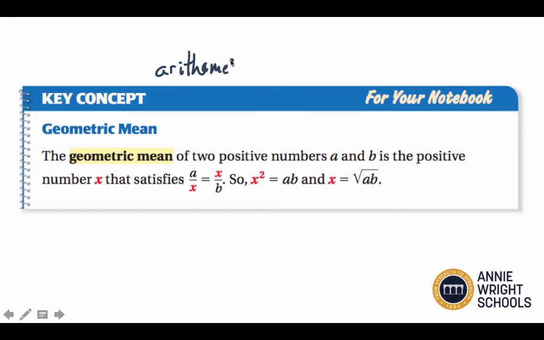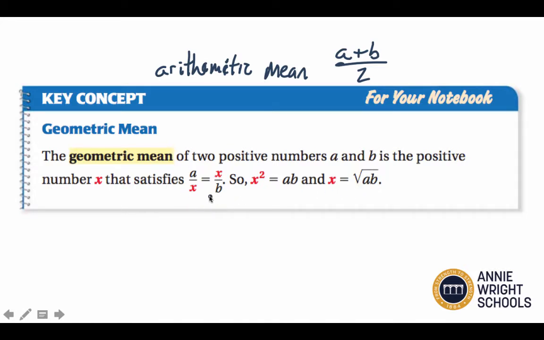The arithmetic mean is found by taking a bunch of numbers, adding them up, and dividing by the total number of terms. So a plus b and then divide by 2. That's the arithmetic mean. You're used to finding that all the time. It's like an average. The geometric mean is where you multiply the two numbers and take the square root.